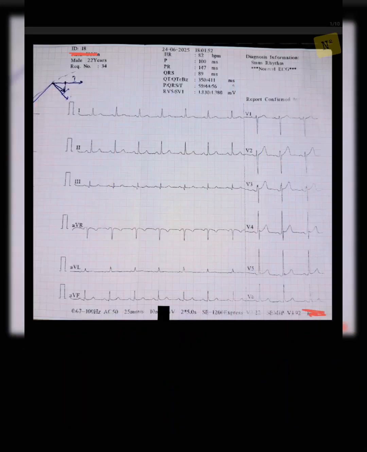Now let's talk about heart rate calculation. Usually in spotting, an ECG rhythm strip is given and you have to determine the heart rate. I advise using the second lead to check the heart rate.